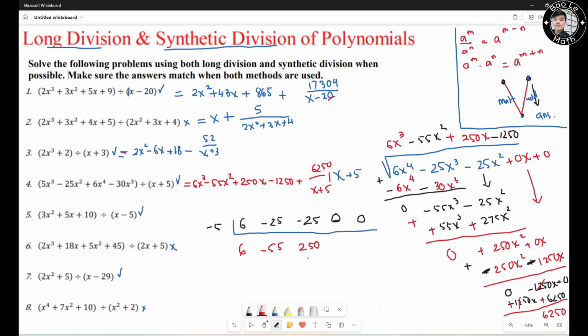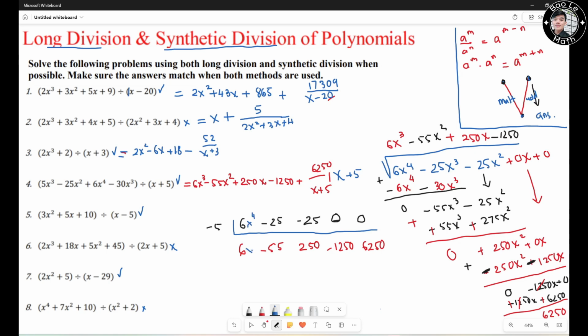Negative 5 times 250 is going to be negative 1250. Add 0, it's going to be negative 1250. Negative 1250 times negative 5 is going to be 6250. Add 0, it's going to be 6250.